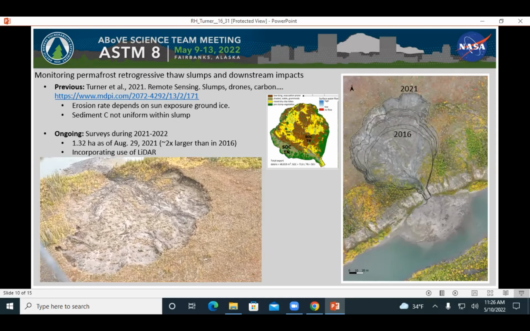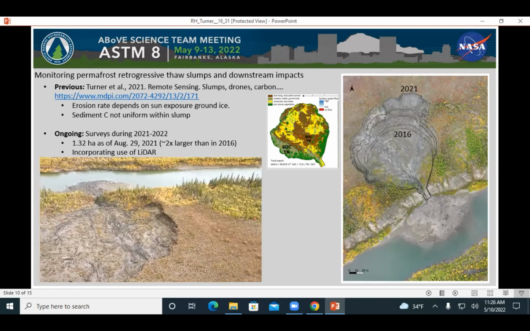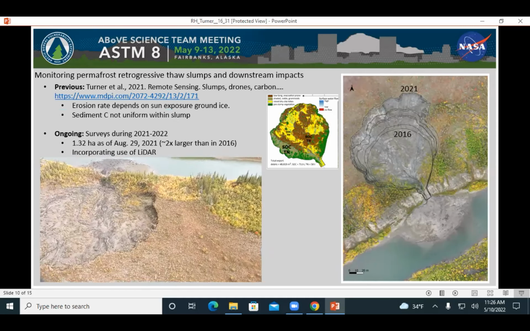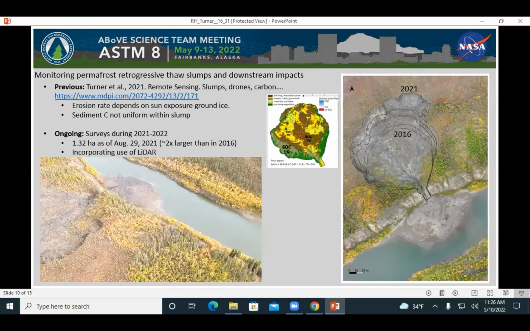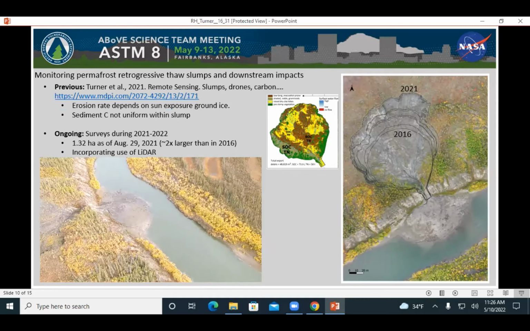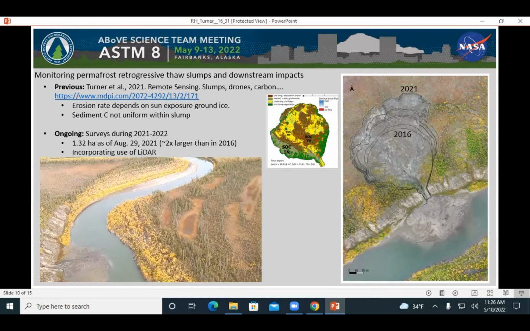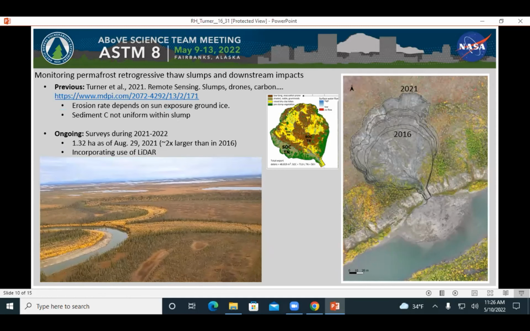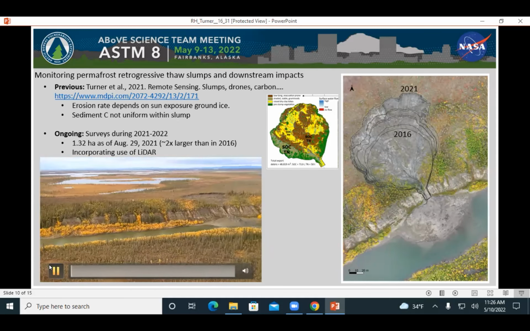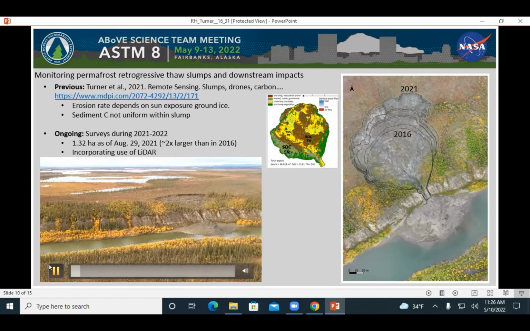We do the photogrammetry calculations to see the volume change. After 2021, it's grown to 1.32 hectares. It's not like the 300 hectare ones that we're seeing across the border, but we're going to continue to monitor this one because it really jumped during 2021.